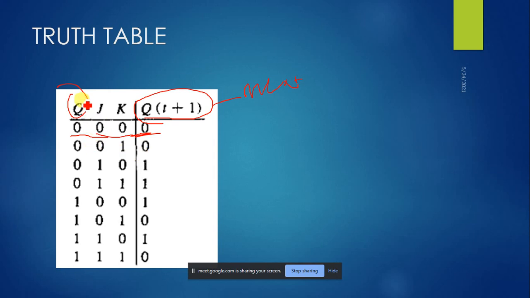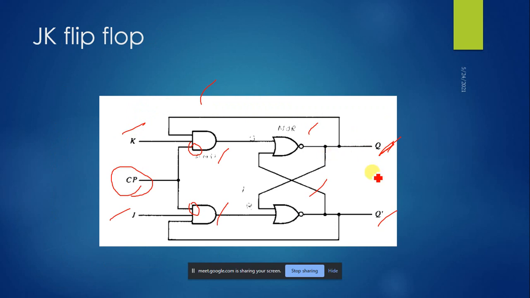The reason Q is also considered an input is that it is fed back as input to the first AND gate, and the complement is fed as input to the second AND gate. But what we require is Q of t plus 1, the next possible time state.